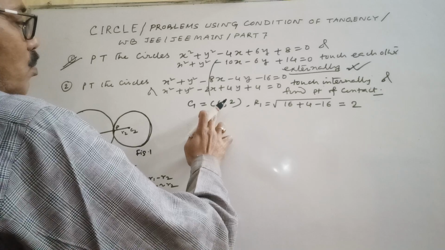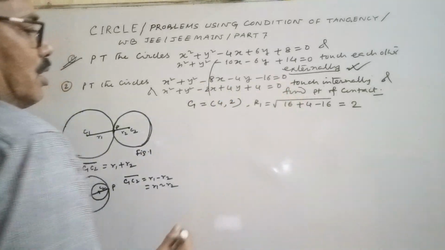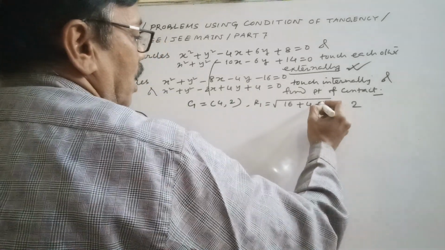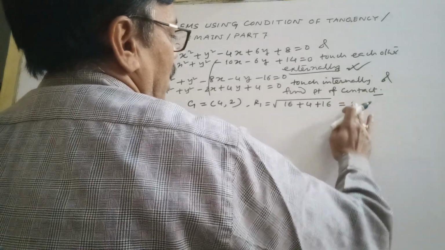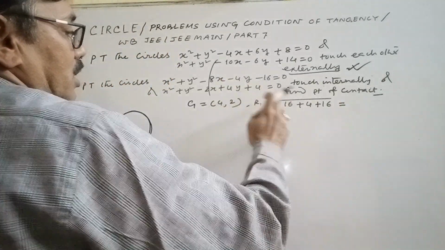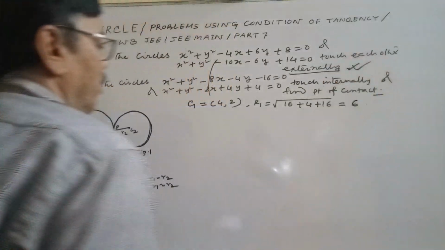16, 4, 2. So 16 plus 4 minus. So this one is not minus 16. This is plus 16. g square plus f square minus c. So minus minus plus. So this is 6. Sorry.